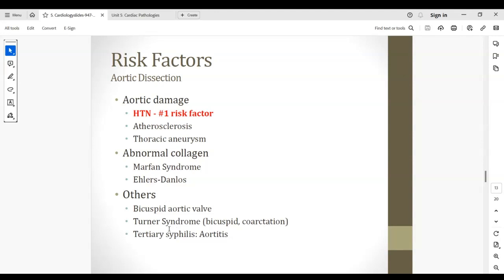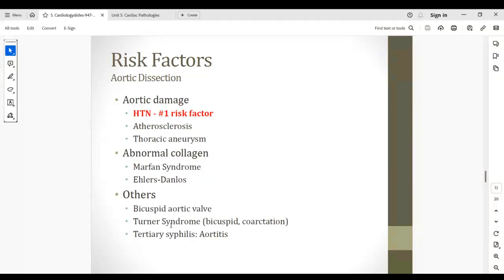Okay, and in this case with Turner syndrome, she will have a bicuspid aortic valve also, and a very famous case called coarctation of aorta, which is a constriction of part of the aorta. Okay, and this is tertiary syphilis. Syphilis is one of the sexually transmitted diseases that lead to aortitis.